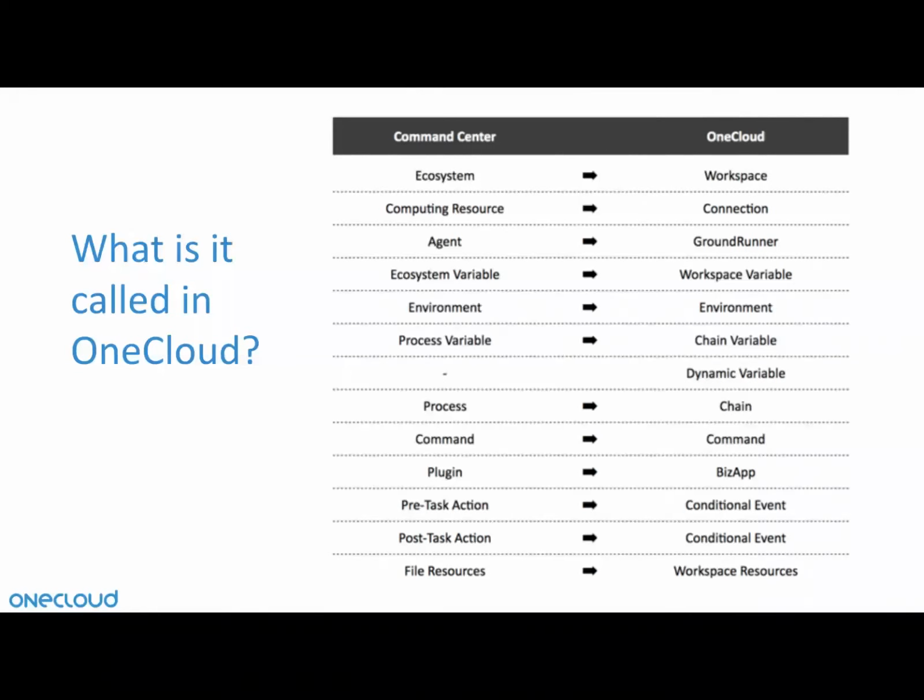Some of the highlights: from our conversations, companies have asked, what about pre-task actions or post-task actions? We love those in Command Center. How do those work inside OneCloud? Well, we have things called conditional events now. A conditional event would look at the output from a previous command, and I'll show this in a live demo here, and then test that output to see how it is performing.